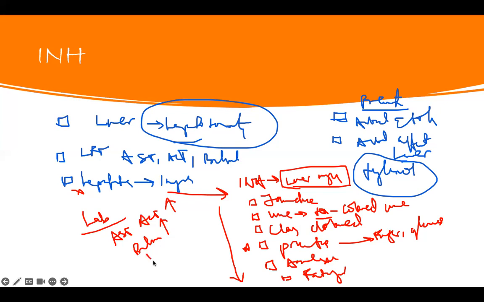If it's injured, protein albumin is down. The liver makes all the clotting factors in your body, and if you can't make clotting factors, your PTT goes up, your PT goes up, and your INR also goes up.